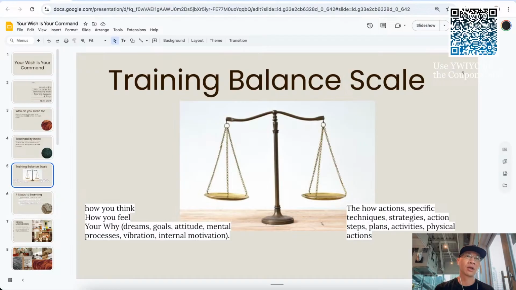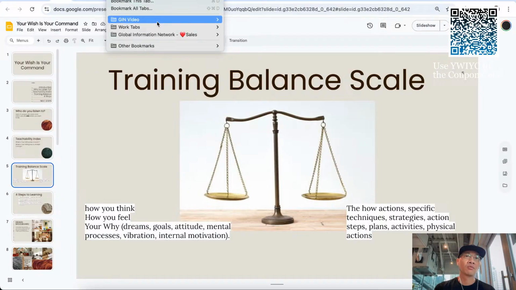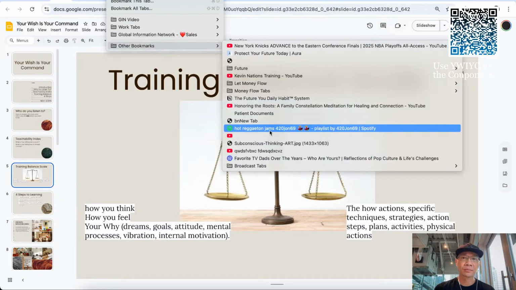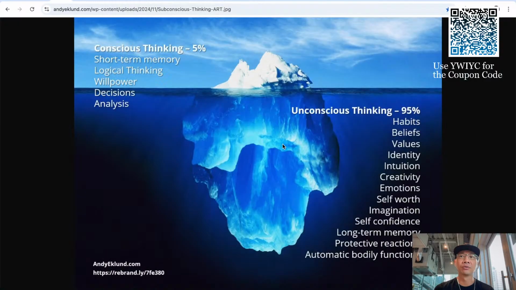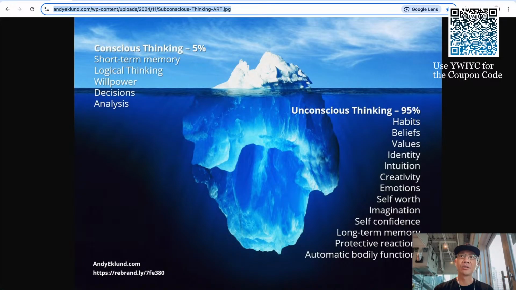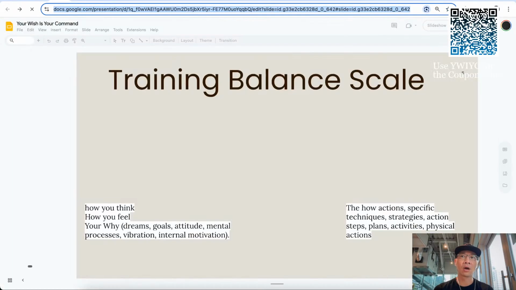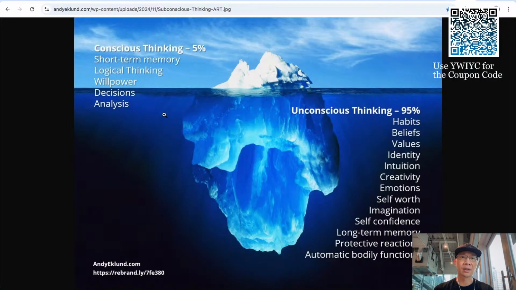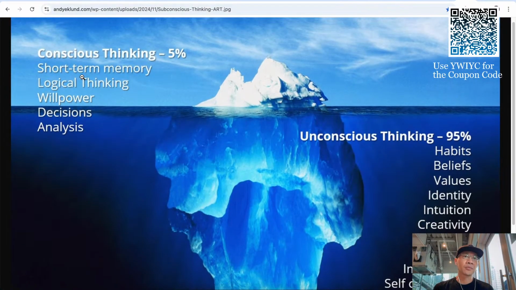We're talking about the training balance scale, and we're going to talk about how this has a lot to do with our subconscious mind. Our subconscious mind rules all. What I mean by that is, in the conscious thinking, you have your short-term memory, logical thinking, your willpower, your decisions and analysis, and this is where most of personal development tells you to focus.